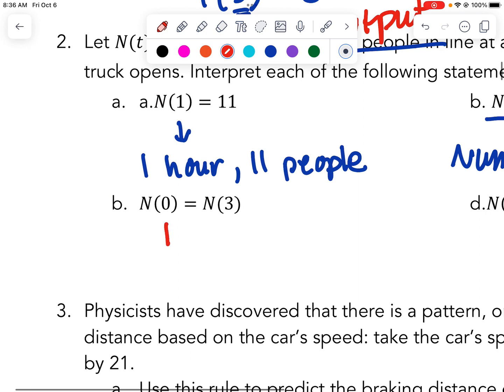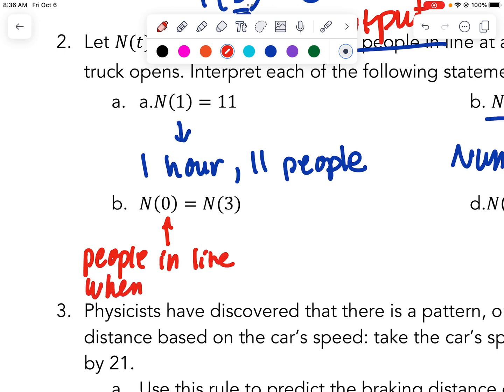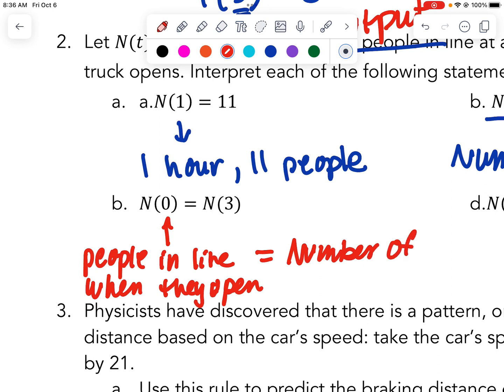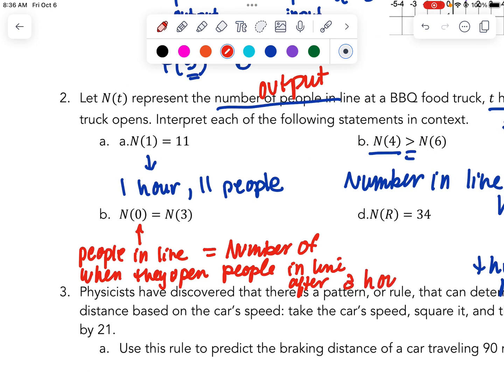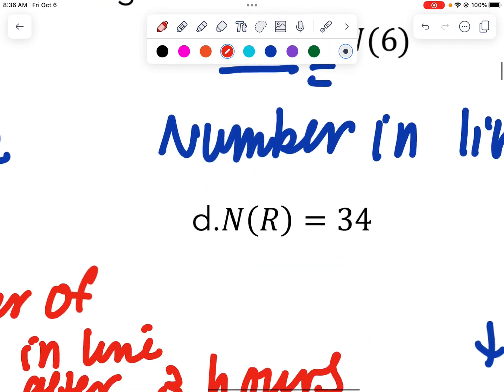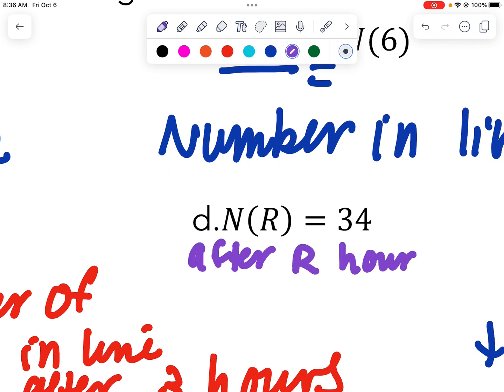This is saying the number of people in line when they open is equal to the number of people in line after 3 hours. And this is saying after t hours, let's switch colors here, there are 34 people in line.